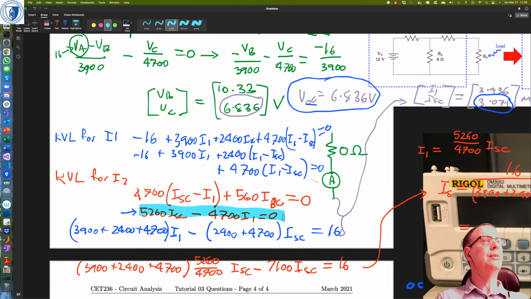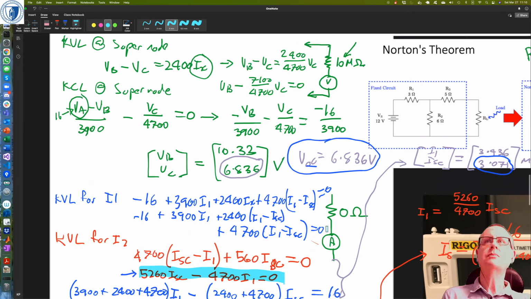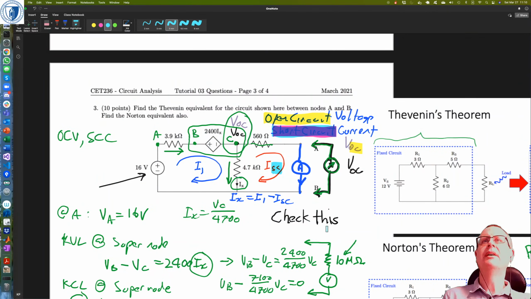To do it using substitution rather than the RF or the matrix valued approach. Okay. So that was question 3.